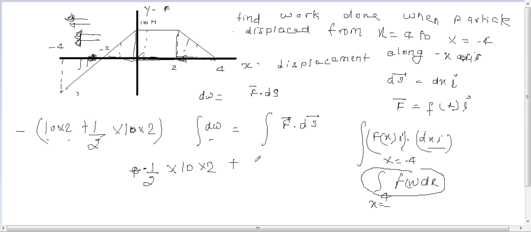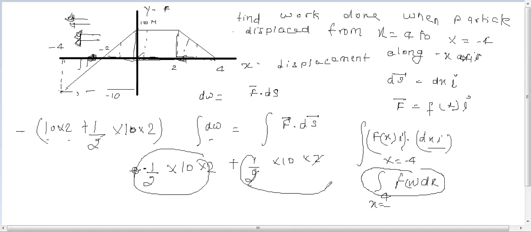So plus 1 by 2, and this height is 10, this is minus 10, so this height is 10, and this length will be 2 into 2. So guys, if you look at this carefully, the 2s cancel out. What is the net work done? Minus 20 minus 10, so the work done will be minus 30 joule.